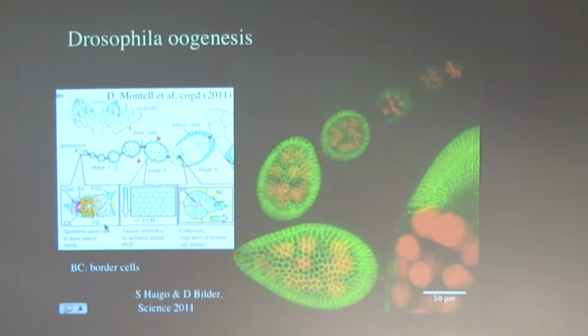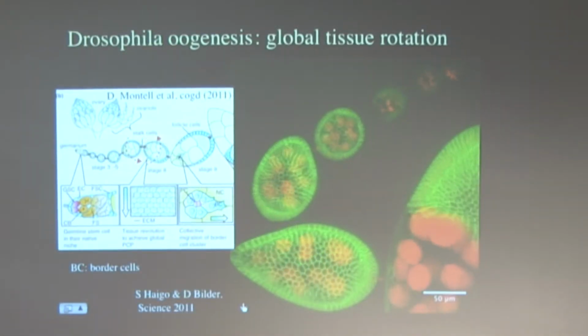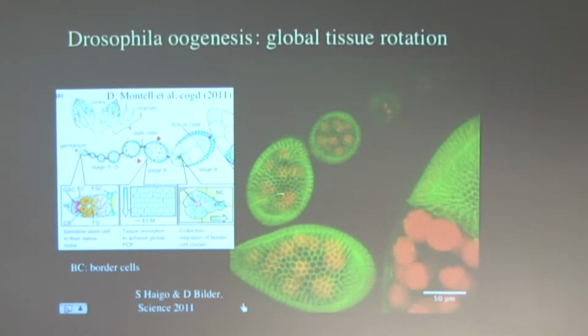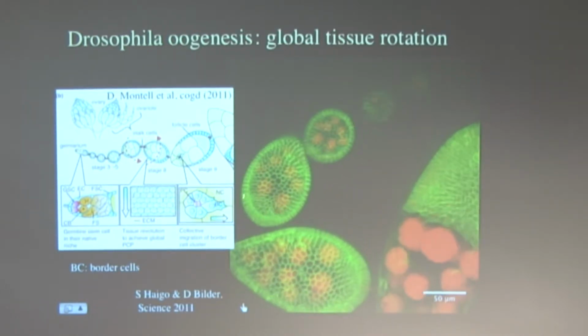And there are also things that are more exotic that were discovered in the group of Builder that I will show you now. Okay, so these eggs, in fact, at some stage, between stage 7 or 8, rotate globally.